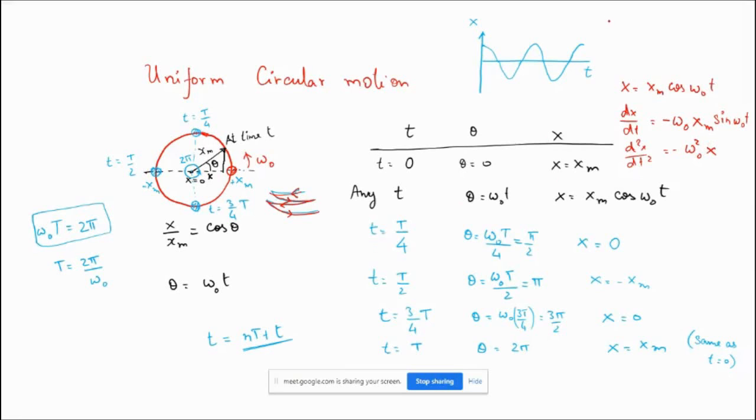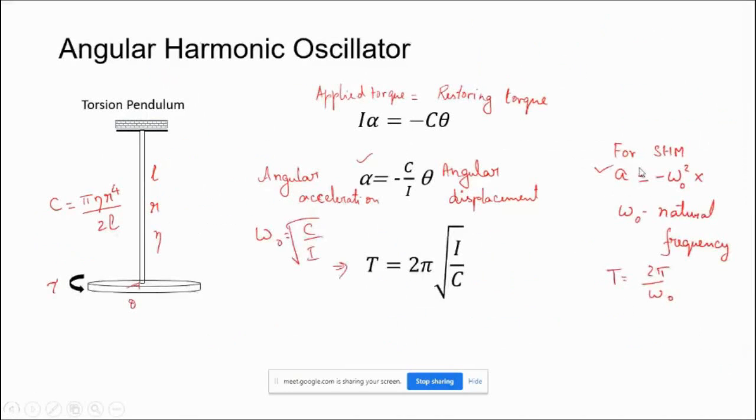So you have acceleration equal to minus omega naught square x. So going back to the slide here, you have the condition for simple harmonic motion to be acceleration equal to minus omega naught square x. That is what you have here also.